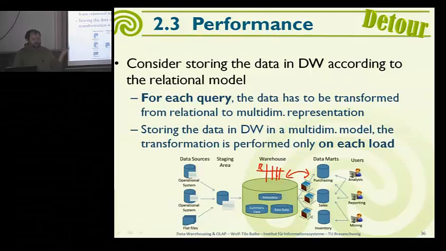If you try to build a multidimensional model in the data warehouse, the transformation happens during the load process, right? Where do you want it to happen? Do you rather want it to happen during the load, making a longer load but easy query? Or do you want it to happen for each query but with short load times? Well, it depends on your application, on what you're trying to do, right?